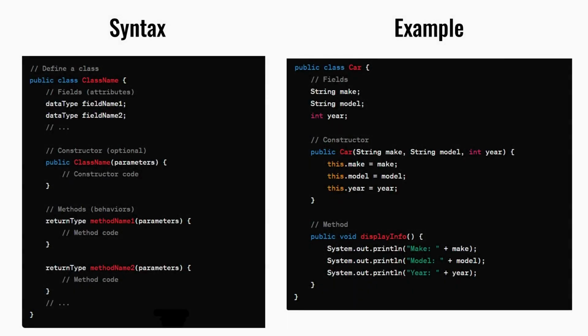The basic syntax of a class looks like this. It starts with an access modifier, which in this case is public. You can ignore it for now, as we'll discuss what it is later in this course. Then comes the class keyword, followed by the name of the class. All the properties and methods of a class are bundled together inside the curly braces as shown here.